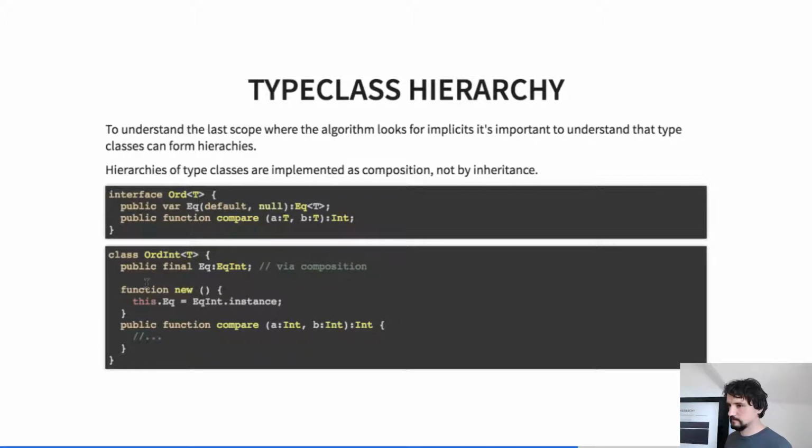So the user of the ord type class should only use the compare function, and they should not access EQ, I guess. No, they can actually. Okay, but can it be private if I have a type class that requires something else? I think it's not even used in their equality. It's just that sometimes equality is cheaper than actually comparison.